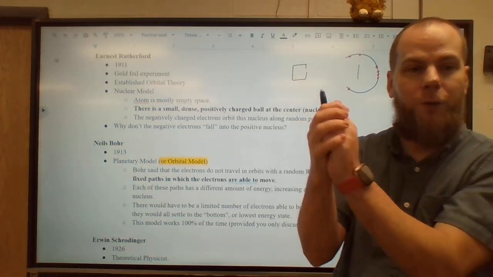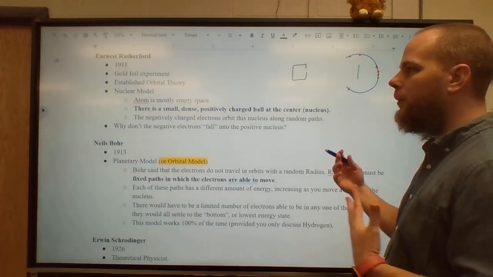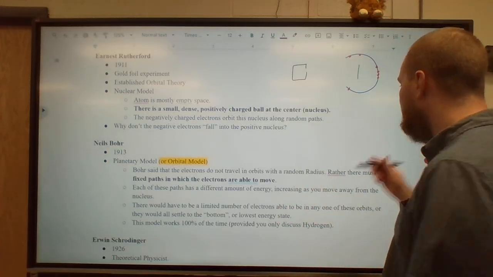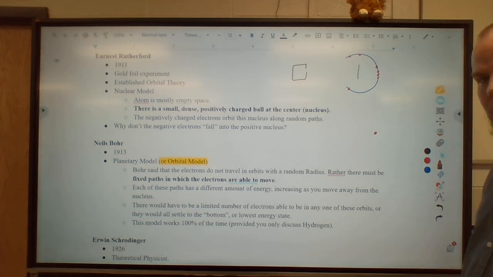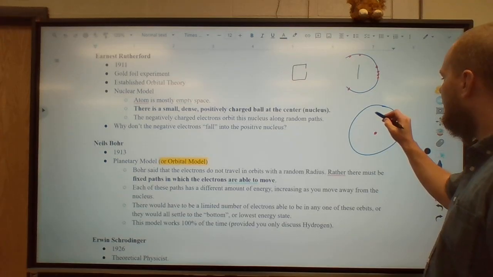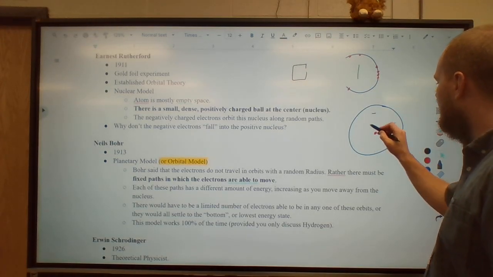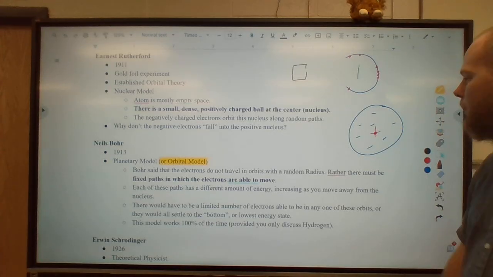Okay, and that's what he called it, a nucleus. And so he proposed the nuclear model of the atom, because he added the nucleus, that there is a positive chunk in the middle, and then around that in the atom, there are negative electrons floating around. But this center piece is positive.